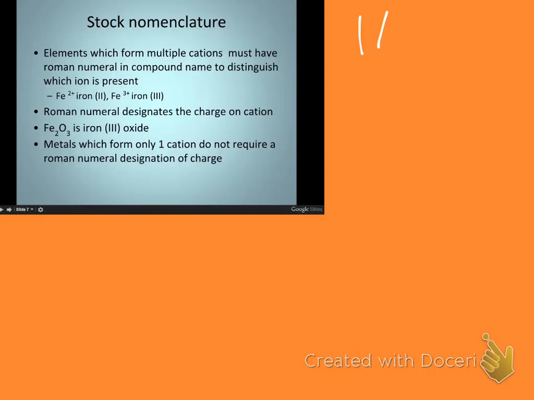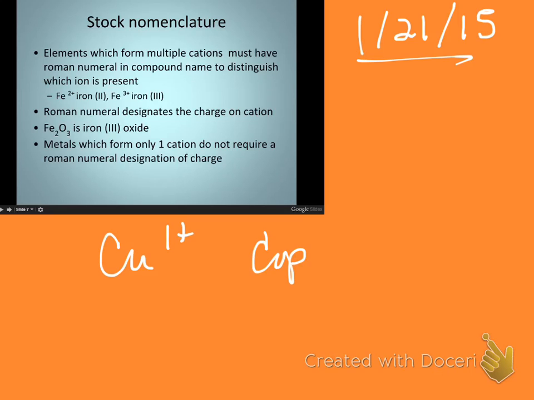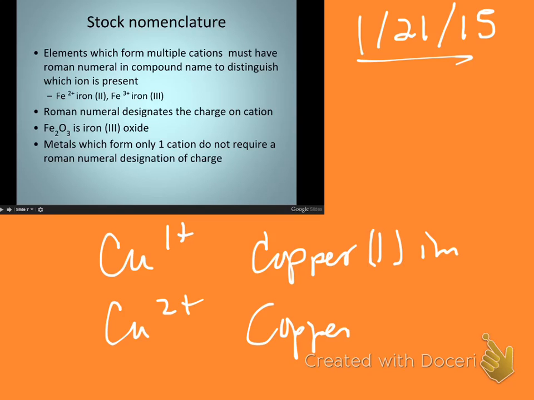So this is 121.15. Okay, so when we have something that forms multiple kinds of cations, so the metals, we have Cu1 plus, which is the copper 1 ion. Well, we also have Cu2 plus, which is the copper 2 ion.